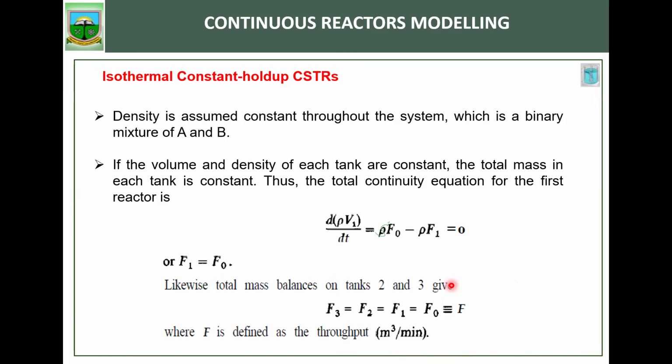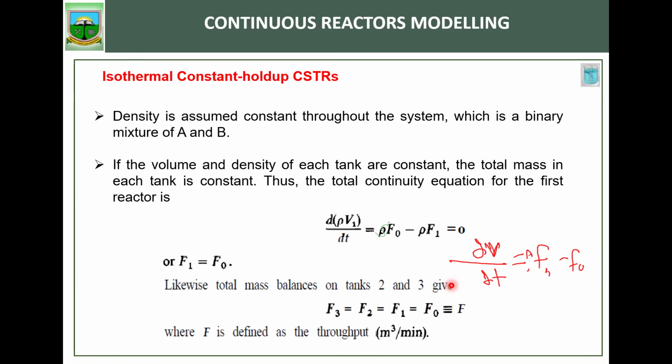Remember accumulation. If you take the first reactor, we're going to have the changes in volume, dV/dt, equal to what? Fi minus Fo. We are saying that if the density is the same, they cancel out. If they're not the same, then you have to bring in the density.